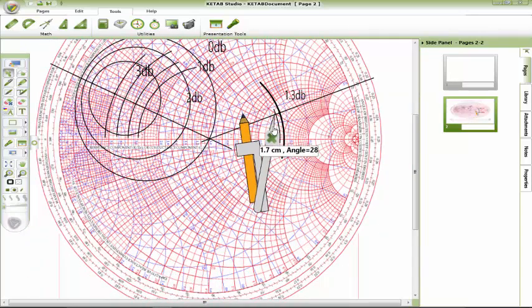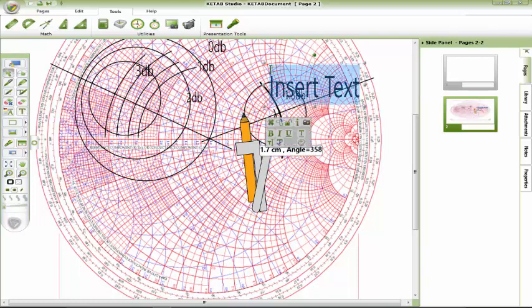Put it here and draw the circle. The 1 dB circle.